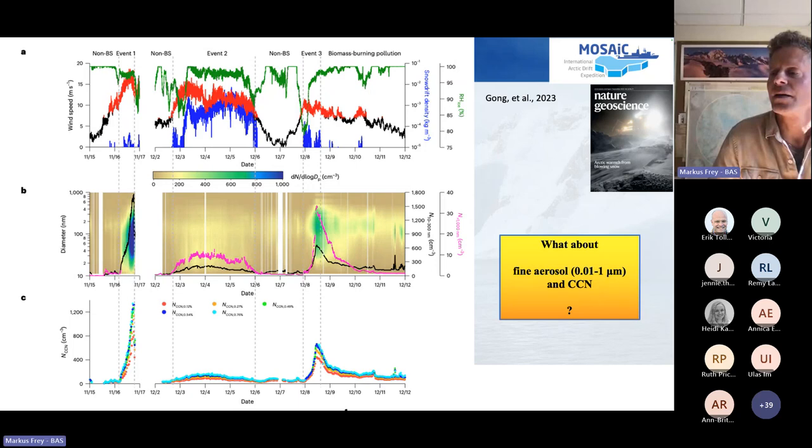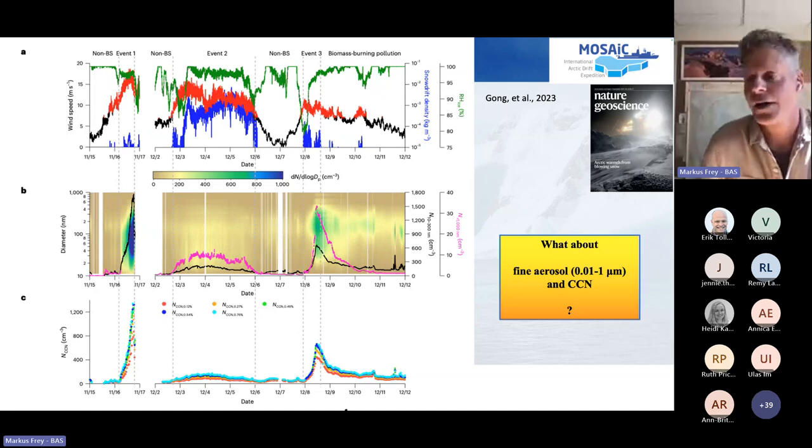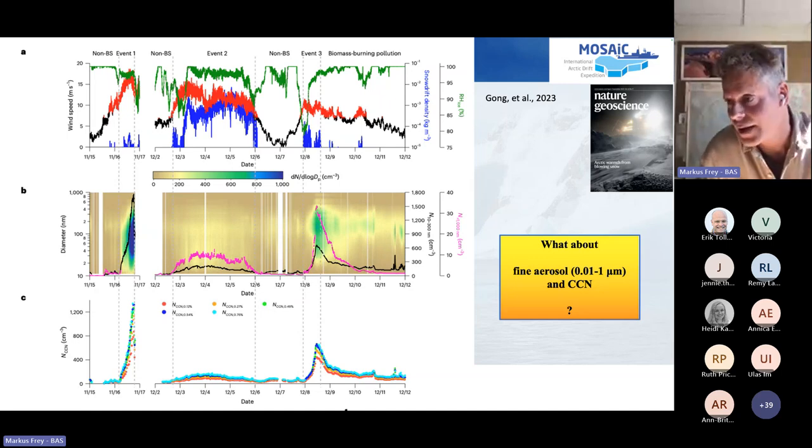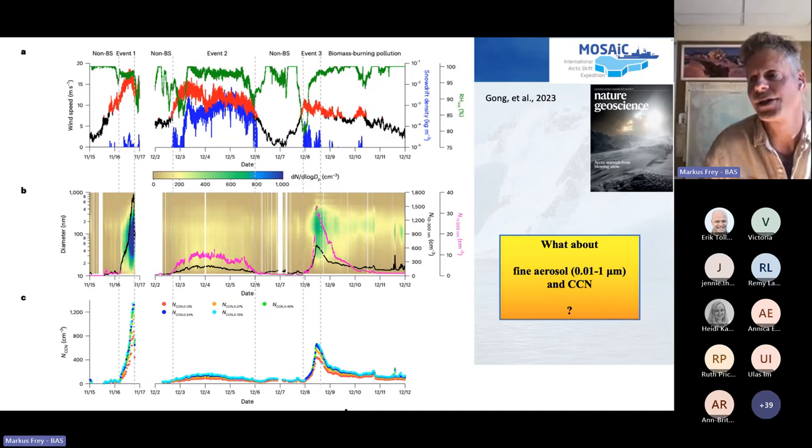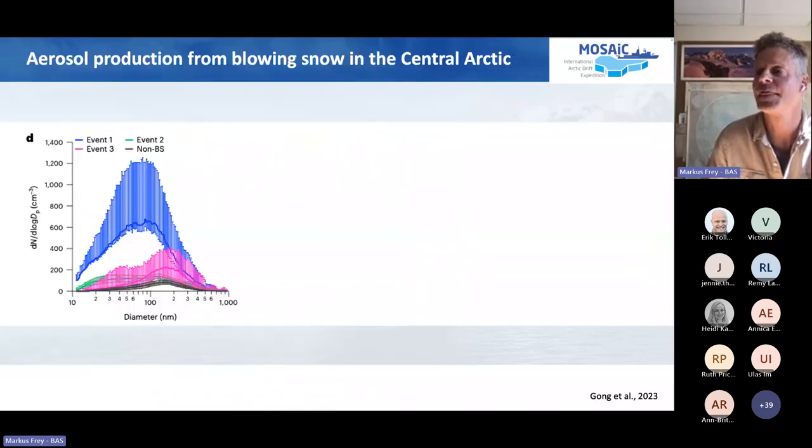What are some of the characteristics of these particles? Here, observations from a CCN counter, so the concentration of cloud condensation nuclei at five different supersaturation ratios, also showing an increase, quite significant over these three events.